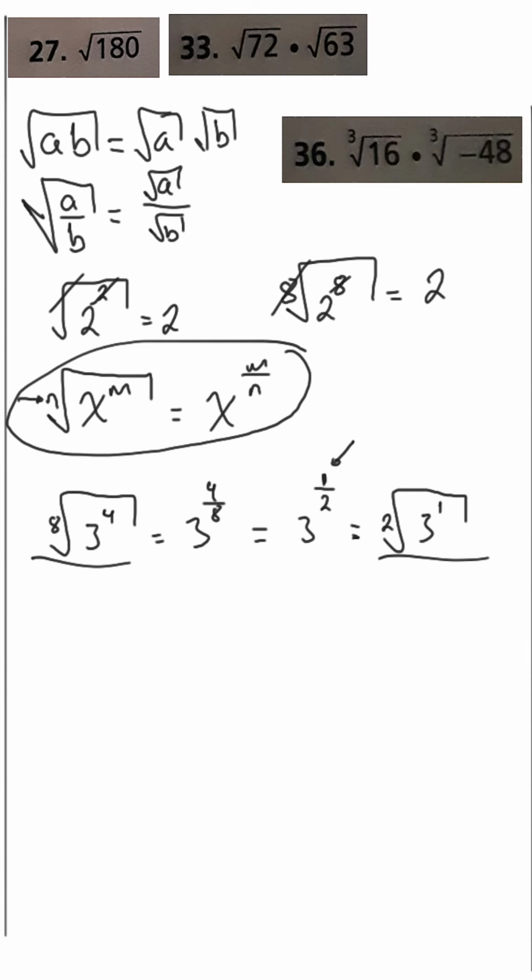Okay, so now onto your exercises so we can see a little bit more. For example, in the case of 27, where you have the square root of 180, it's going to be kind of hard to know just by looking at it how you can simplify it. So what you can always use is a prime factorization.